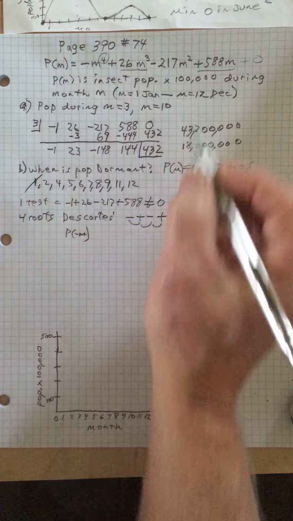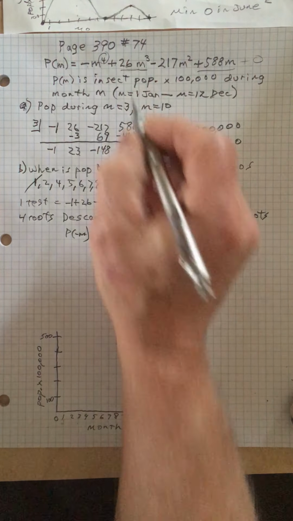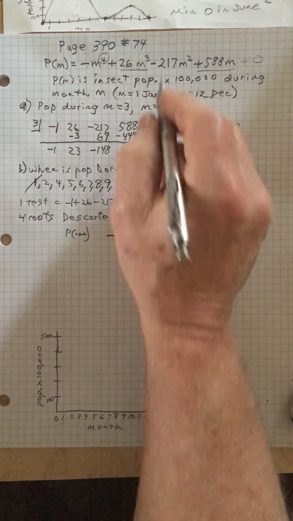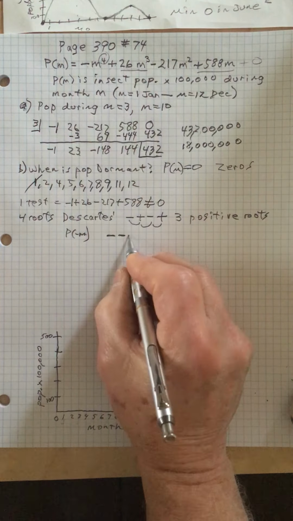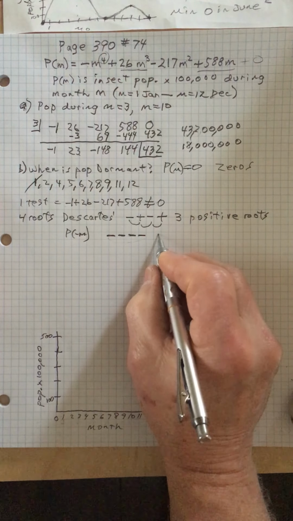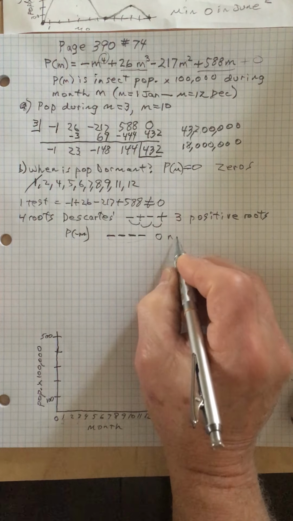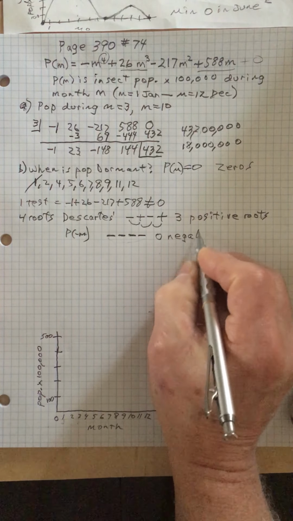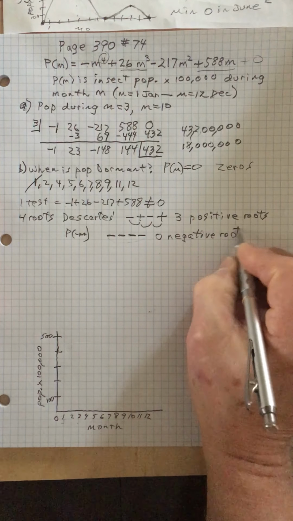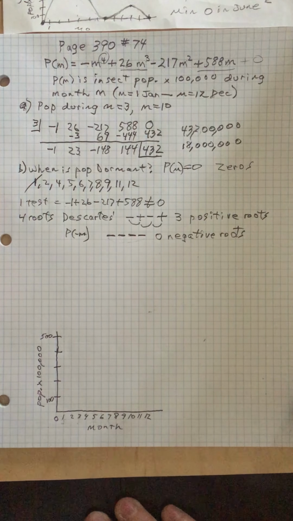So we've got minus, and this will change to a minus. That stays a minus. And this becomes a minus. So no sign change here at all. They all stay negative. So that's 0 negative roots. Okay.